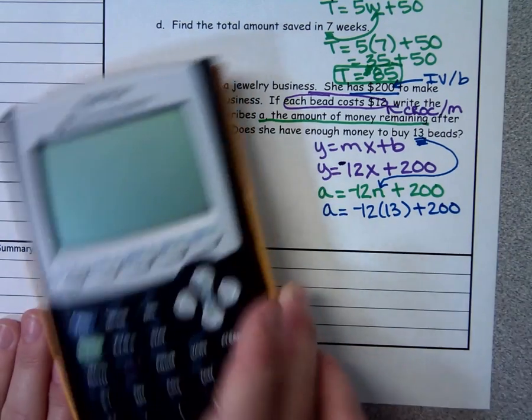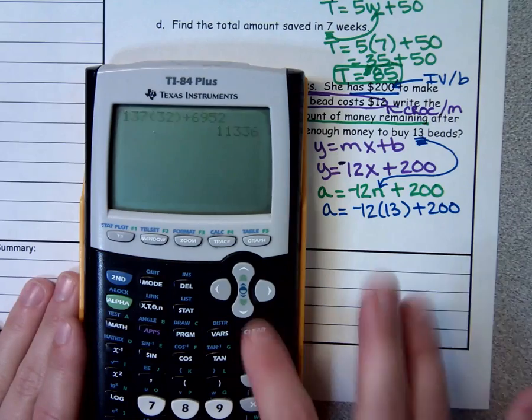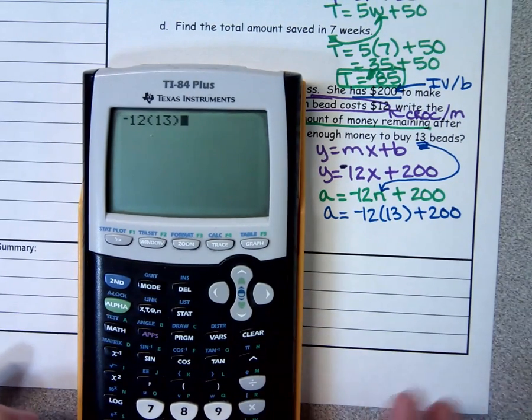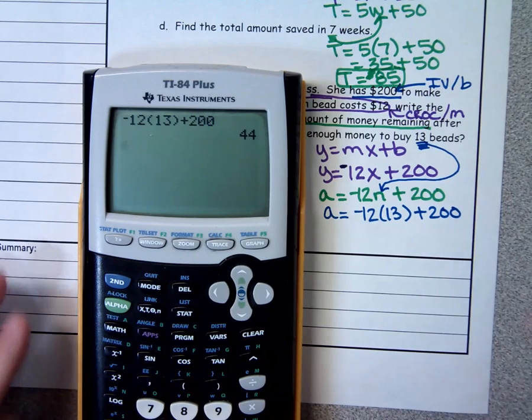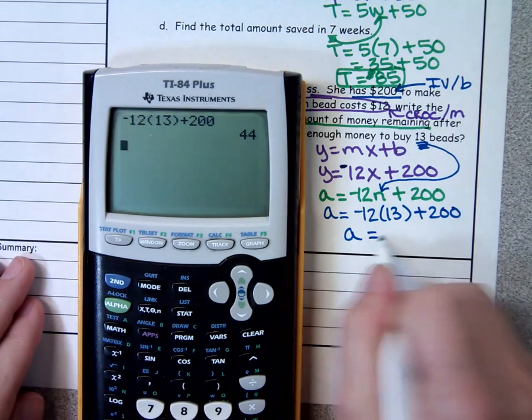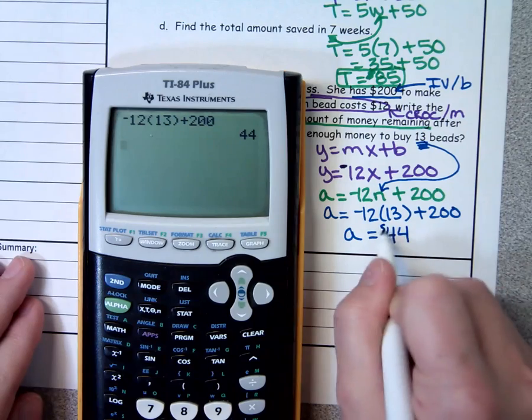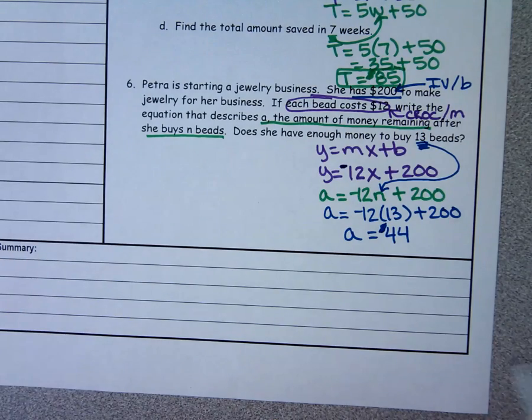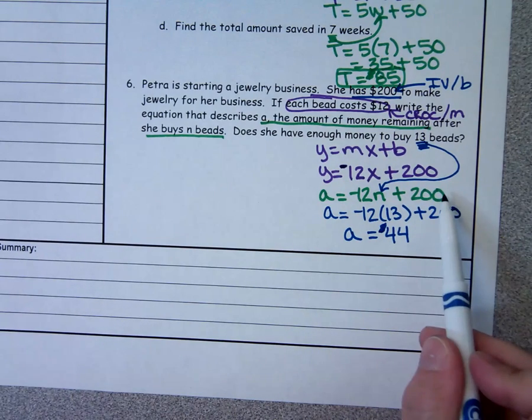Okay, this one I'm going to use the calculator for. So let me put that in. Negative 12 times 13 plus 200, and I get 44. So the amount she has remaining is $44. So, does she have enough money? Yes. She started off with $200.